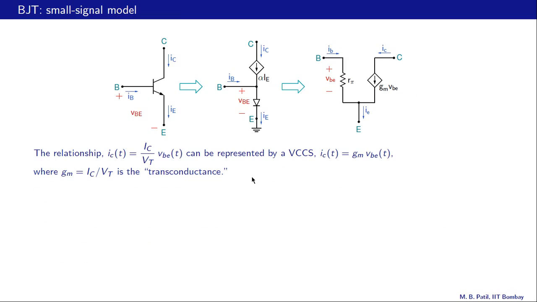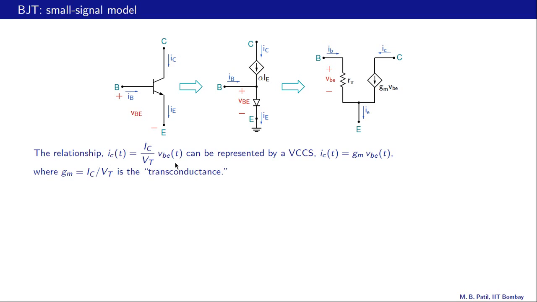And that brings us to the small signal model of the BJT, and it is now clear why it is called small signal, because the base emitter signal voltage must be small as compared to the thermal voltage Vt. And then we have this relationship that we saw in the last slide.